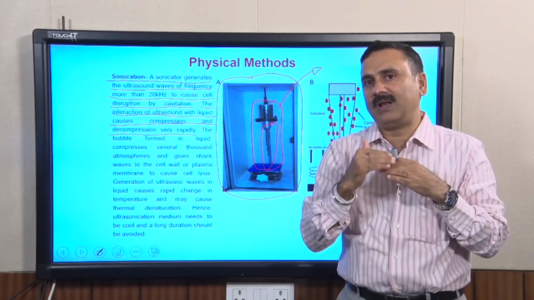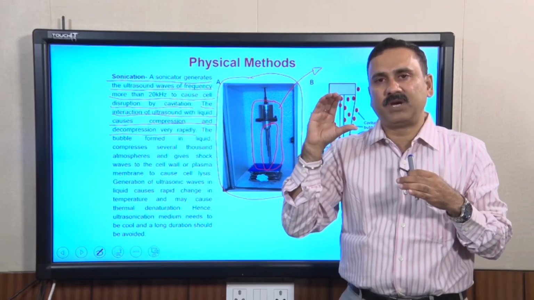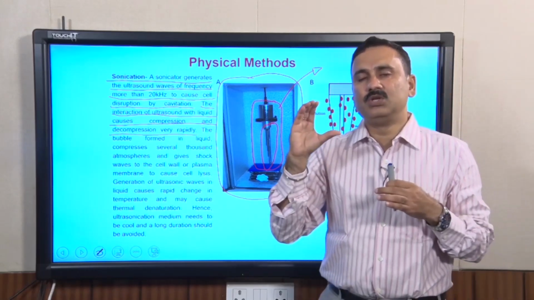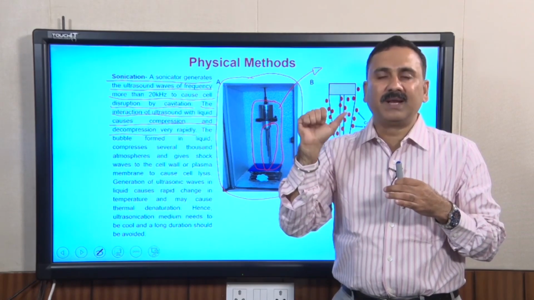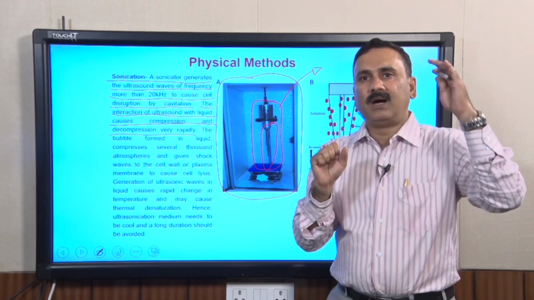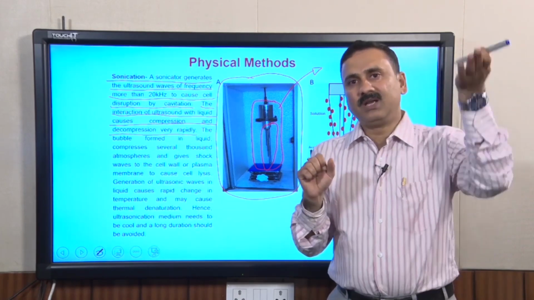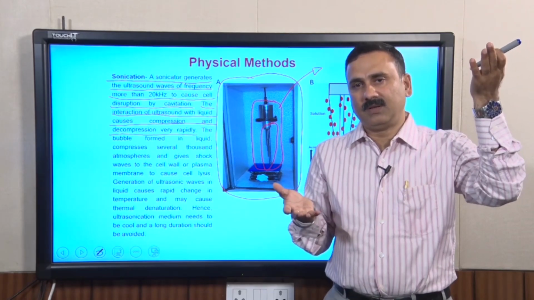If you put energy into the liquid, the liquid is going to compress, but once one part compresses, the other part of the liquid is going to decompress, because it has to release that amount of pressure.